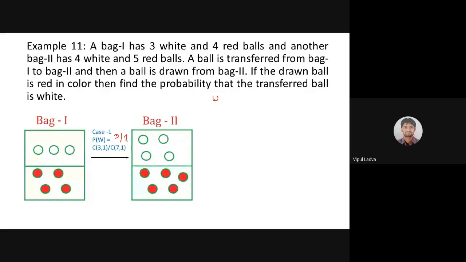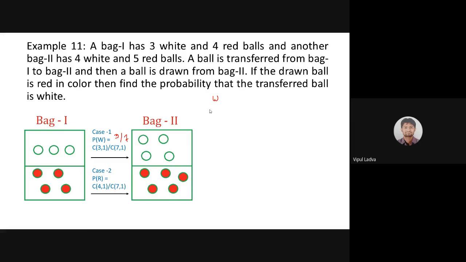This is just a single case, that the transferred ball from bag 1 to bag 2 is of white color. So that event I had labeled with W. Now, what should be the second case? The transferred ball is red in color. So for case 2, quite possible the transferred ball from bag 1 to bag 2 is red in color.